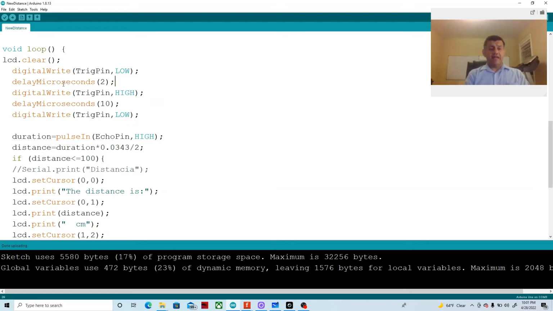Delay 2 microseconds. DigitalWrite trigger pin high. Then we delay 10 microseconds again, right?